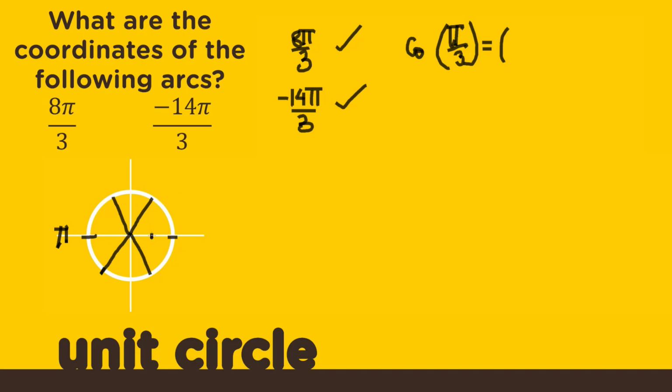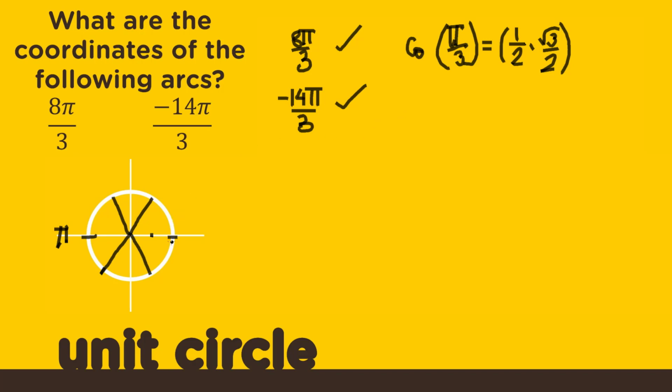So the x is 1/2. That's my strategy before. Once I could see the direction, I'm going to look at which of the two will have 1/2, and you have here square root of 3 over 2, right? And of course, it will just be the same figures, but depending on the direction or the location.